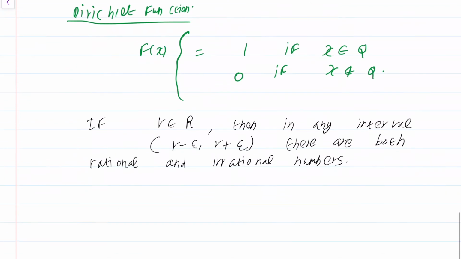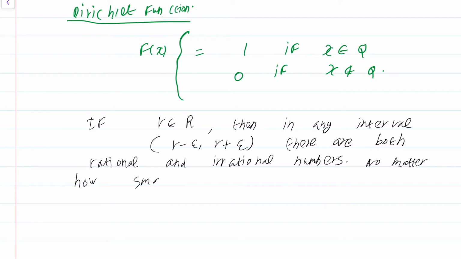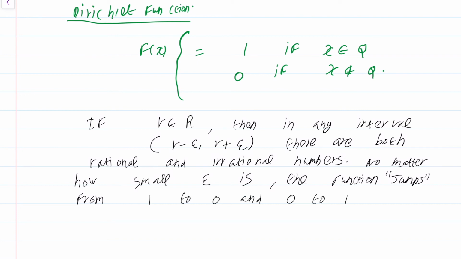Okay, so there are both rational numbers and irrational numbers. That means no matter how small epsilon is, the function jumps from 1 to 0 and 0 to 1 within this interval. In fact, there will be infinitely many jumps, in fact uncountably many jumps, no matter how small this interval is.